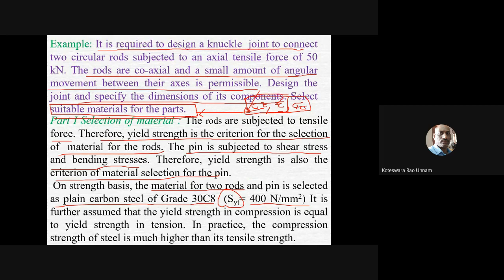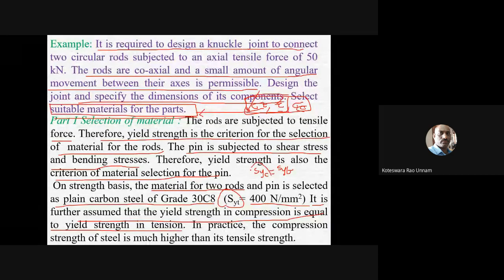Then what about sigma C, the compressive stress, which we call bearing stress or crushing stress? Here, what is given is that it is assumed that the yield strength in compression is equal to the yield strength in tension. That means he is assuming SYC is the same as SYT.